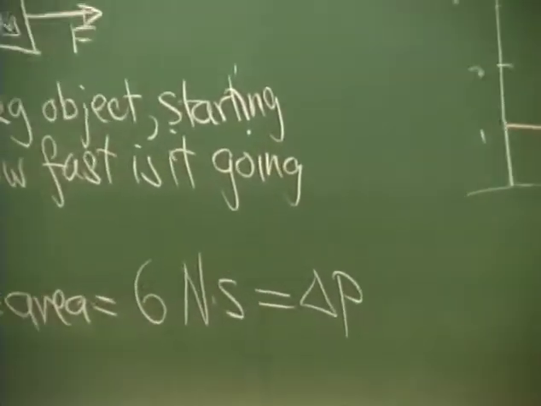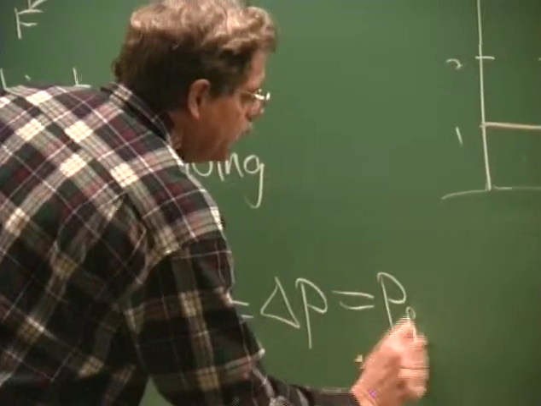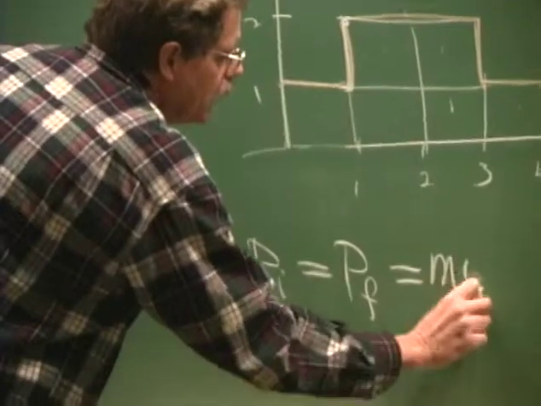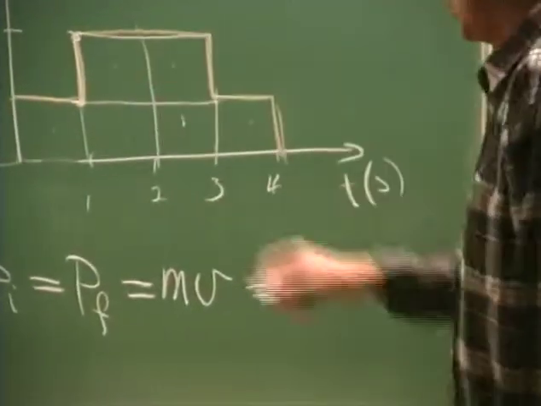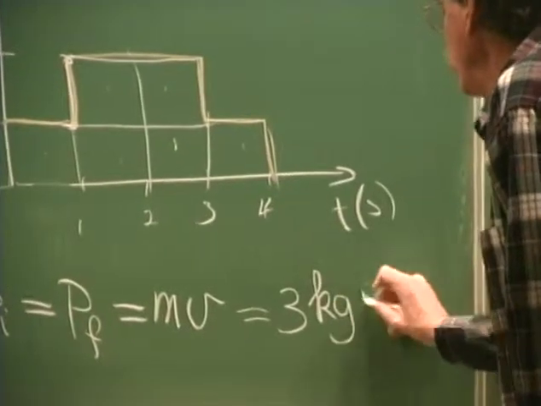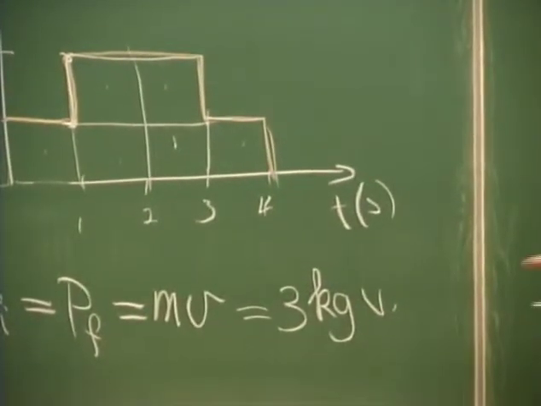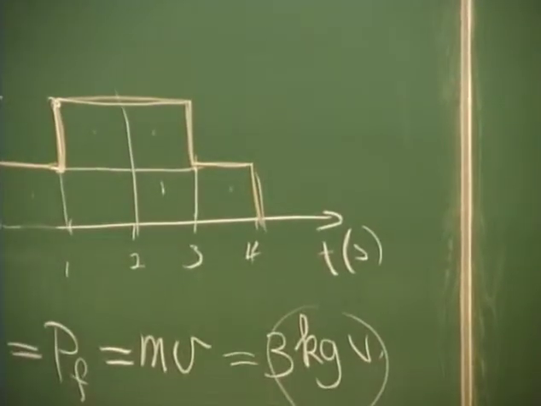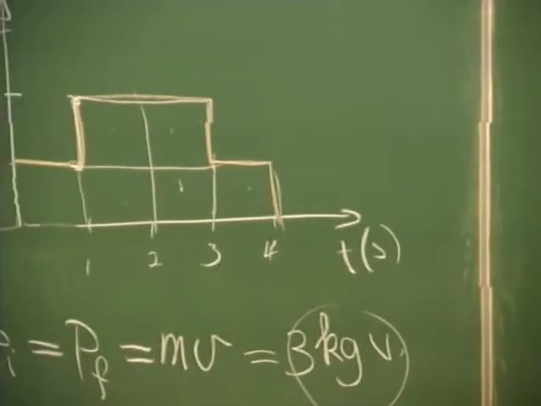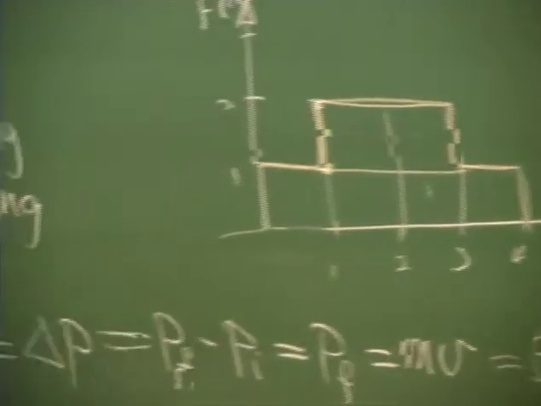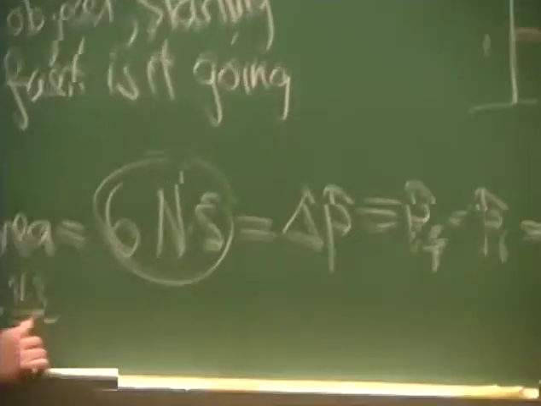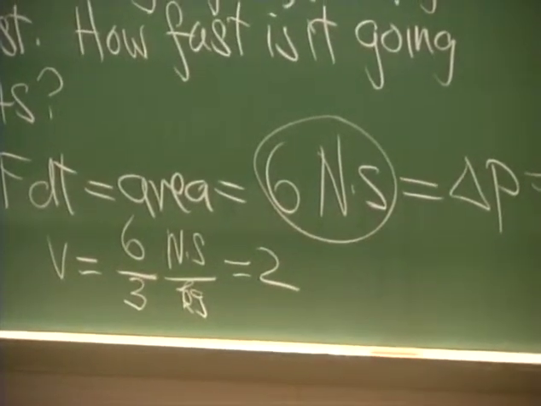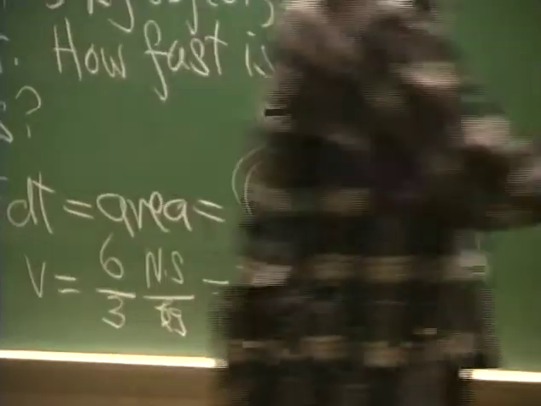I started from 3 kilograms times v, or 3. Per kilogram. That's a weird unit. Per kilogram, what is it?